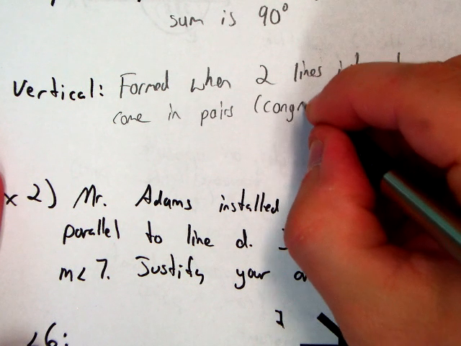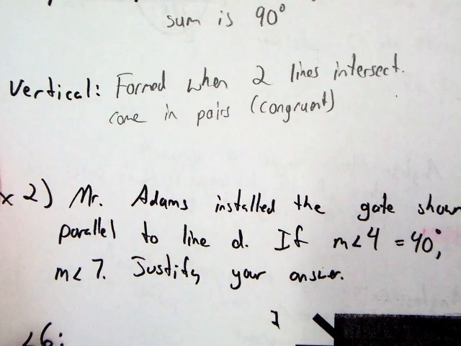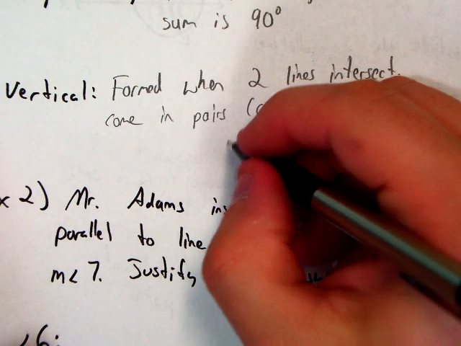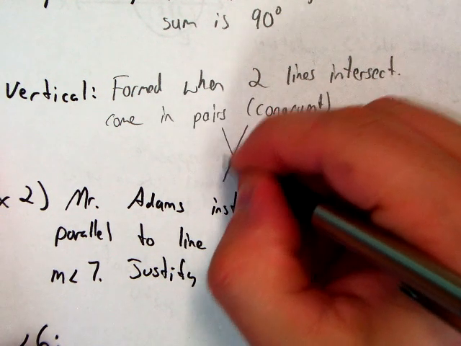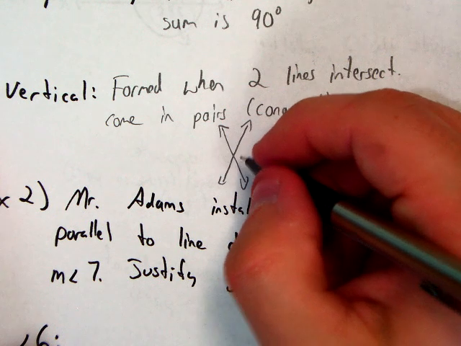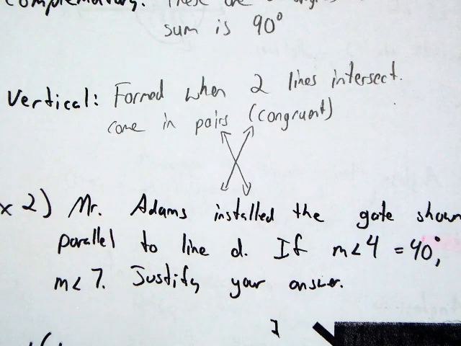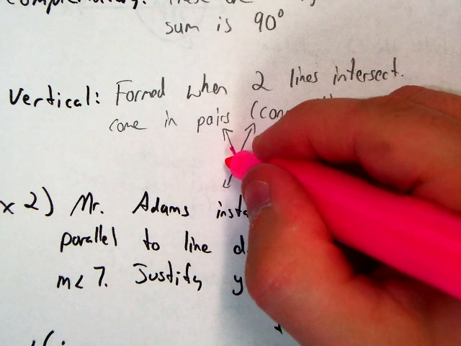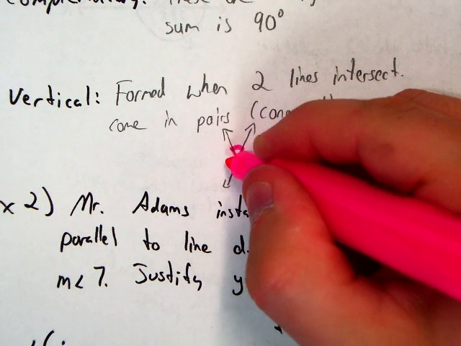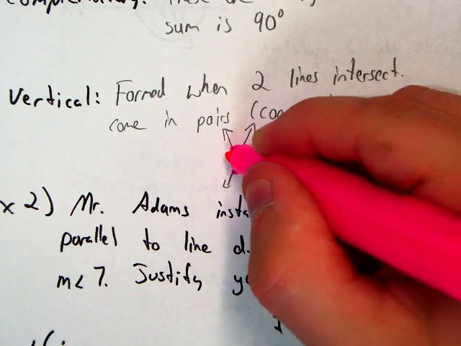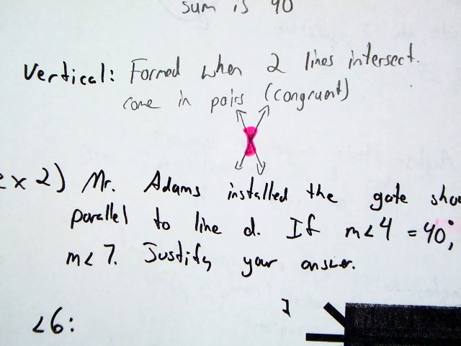They are congruent. For example, if these are my two lines, this angle here and that angle there are vertical.